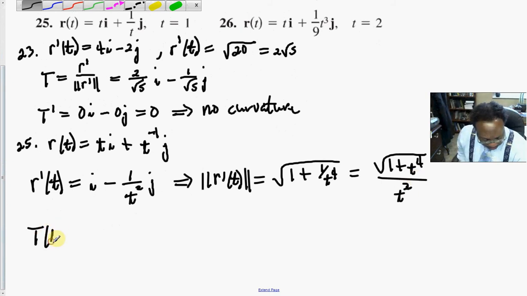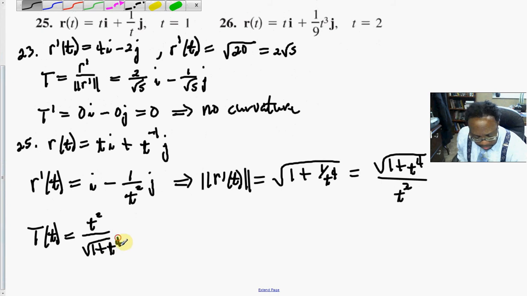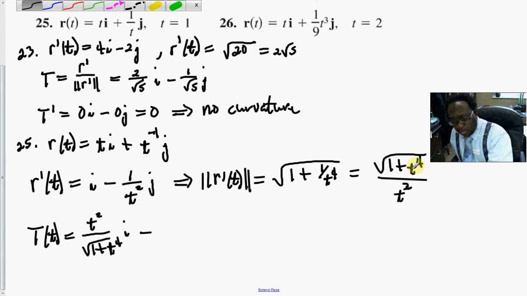So the tangent vector is r prime divided by its norm, so that would give us t squared over the square root of 1 plus t to the 4th i minus 1 over t squared divided by the square root of 1 plus t to the 4th divided by t squared. The t squares cancel out.